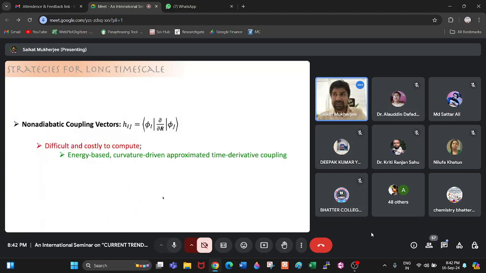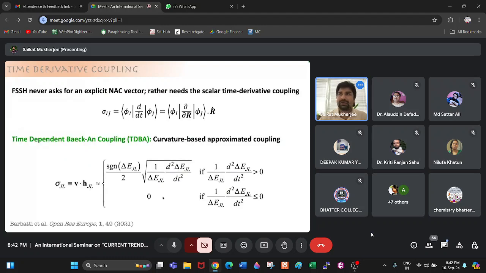Okay. The next point is non-adiabatic coupling vectors. How to get rid of these non-adiabatic coupling vectors, because they are very difficult to compute. Actually, mixed quantum classical dynamics never asks for the explicit non-adiabatic vector. Rather, it requires this integral, the coupling over time.